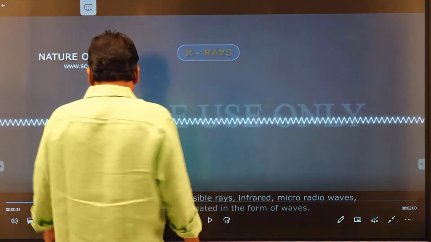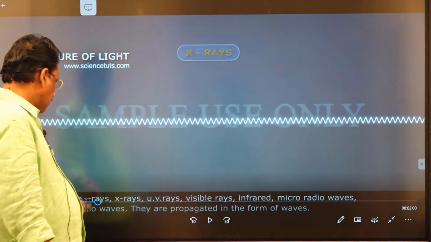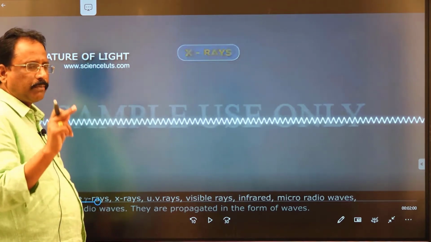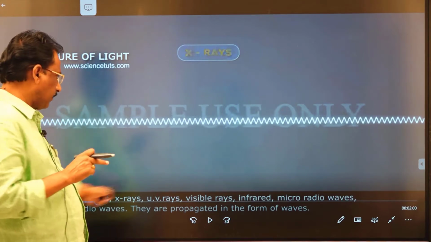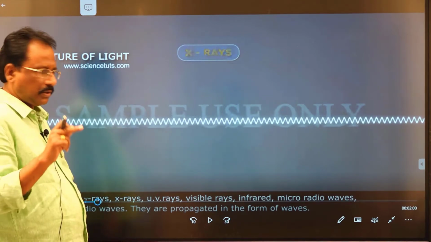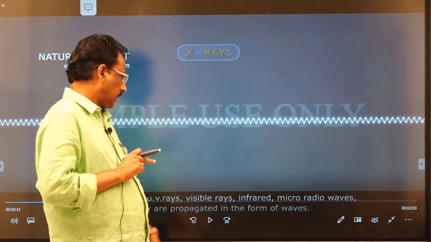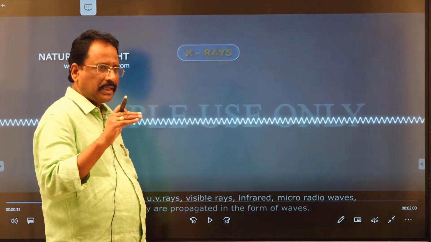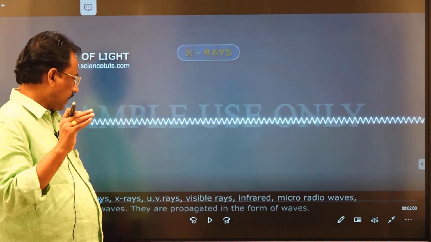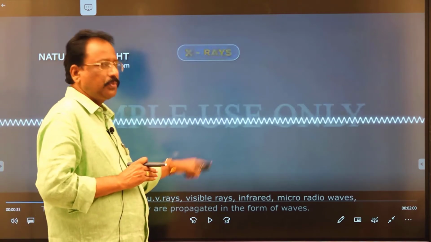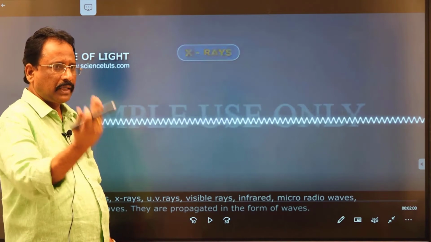Among these various types, gamma rays possess the most energy. That's why they are the more harmful radiations, and UV and IR radiations are emitted from the sun. A very important type of electromagnetic radiation is visible radiation. That light is visible to our eyes.